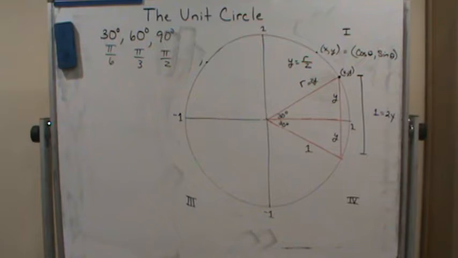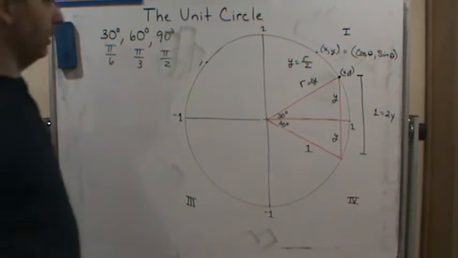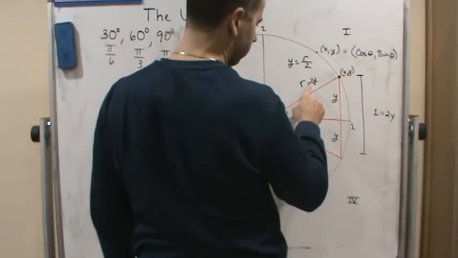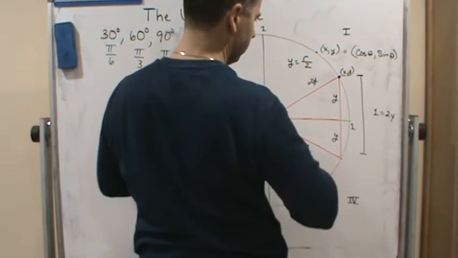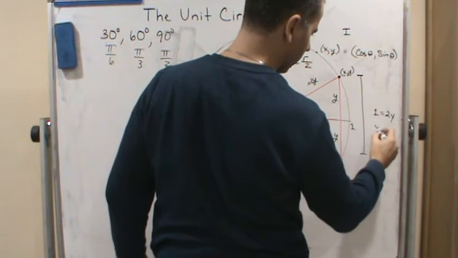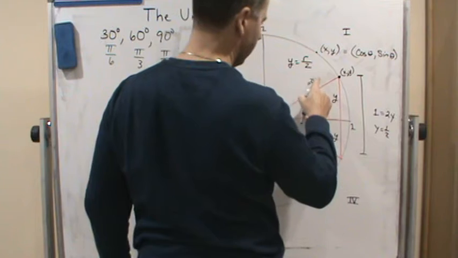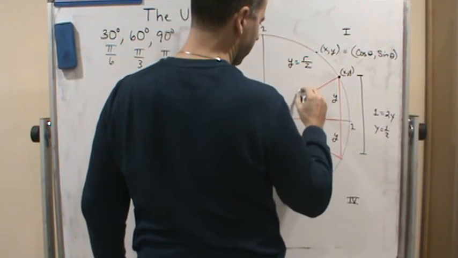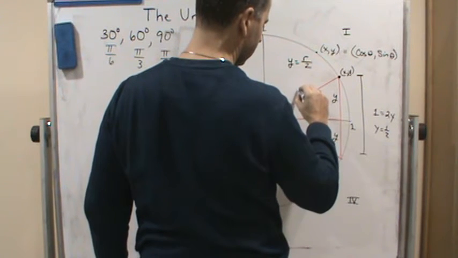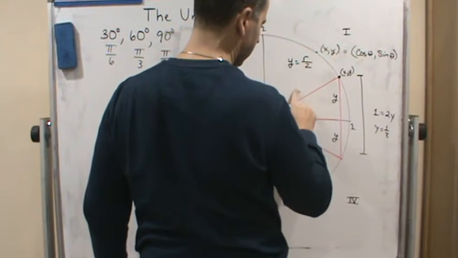But since r is 1, y is equal to 1/2, which we get from here. So here, y is equal to 1/2. Let me write this here.